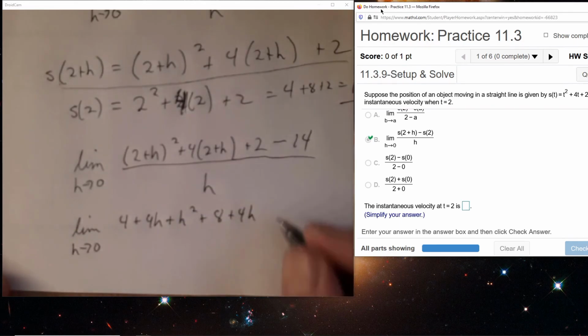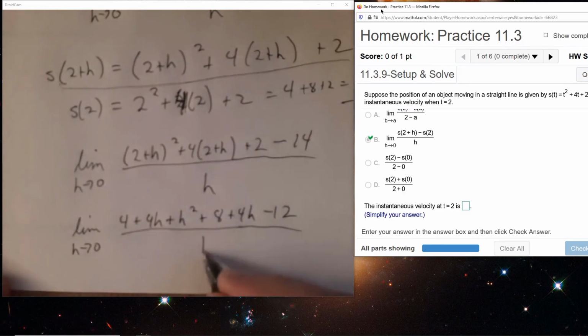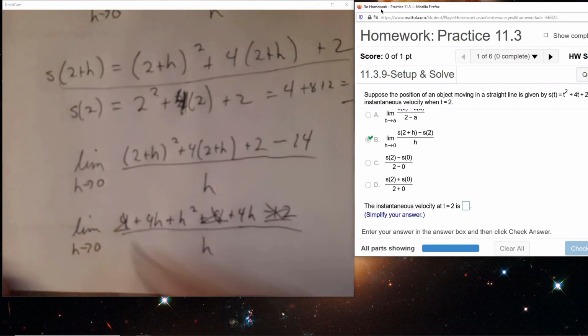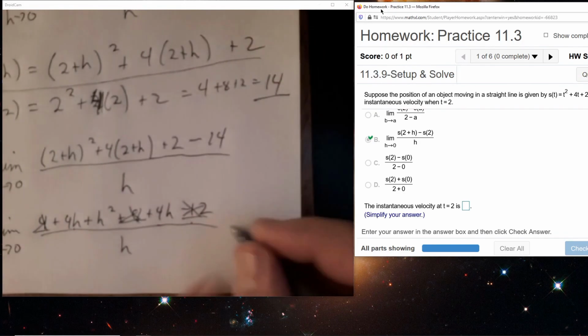And 2 minus 14 will get us a minus 12. And let's see what we got here. We have 8 and 4. That's 12. And a minus 12. So those will subtract out. So we're left with 4h and a 4h, which is 8h. I'm actually running out of a little bit of room here.